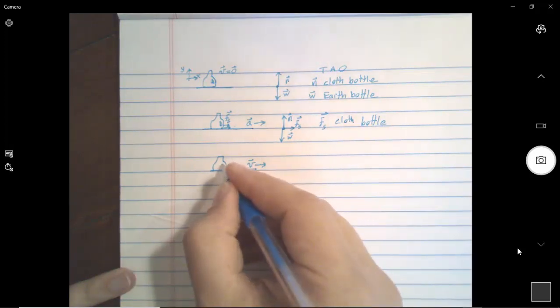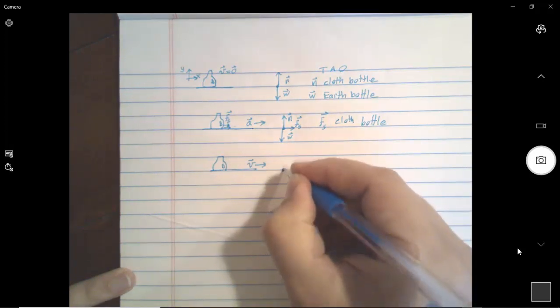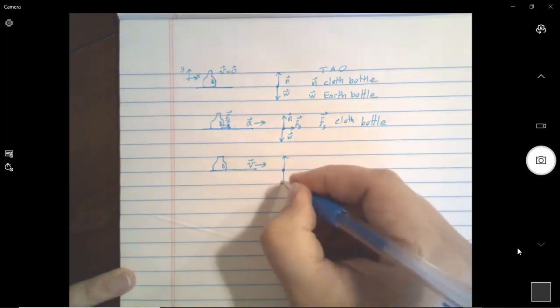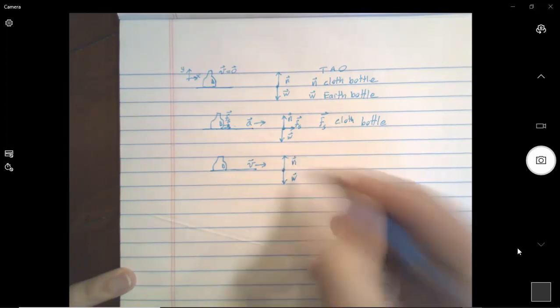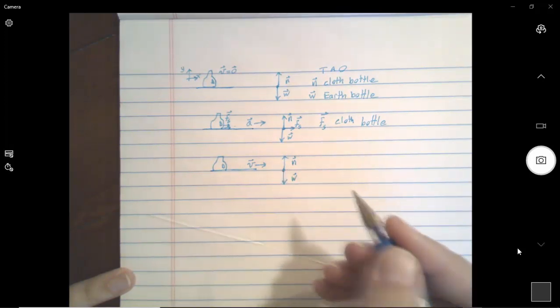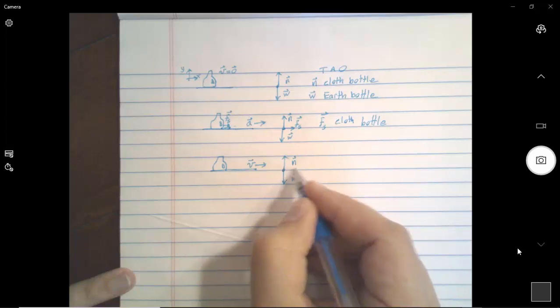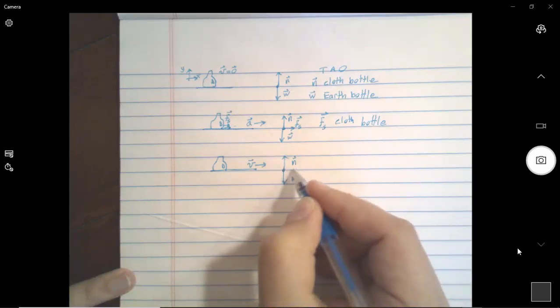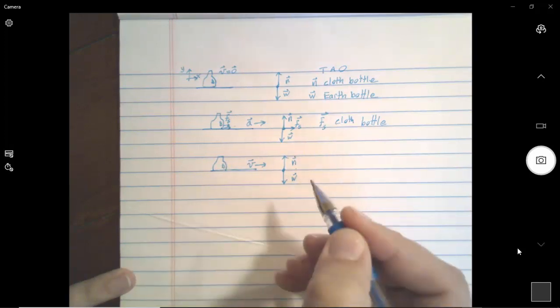If we have an object moving at a constant speed, there must be no net force. Well, if that's the case, all we have is the normal force and the weight, and there is no force in the left or right direction, right? Because if there's still a force pointing to the right, Newton's second law would tell us that there has to be an acceleration on the bottle to the right.